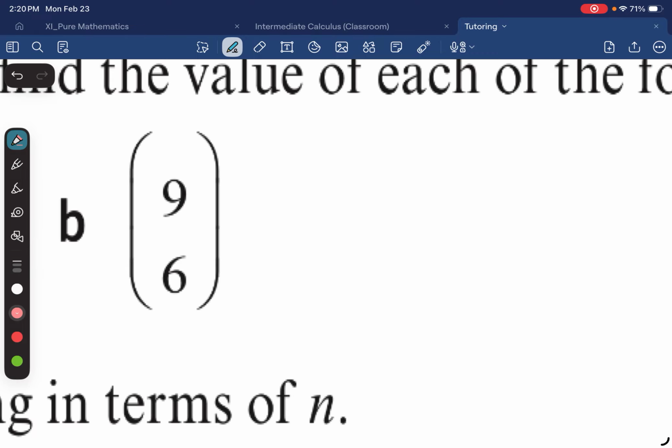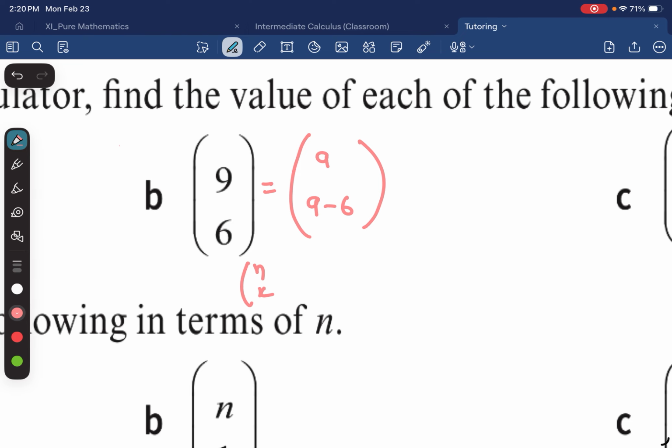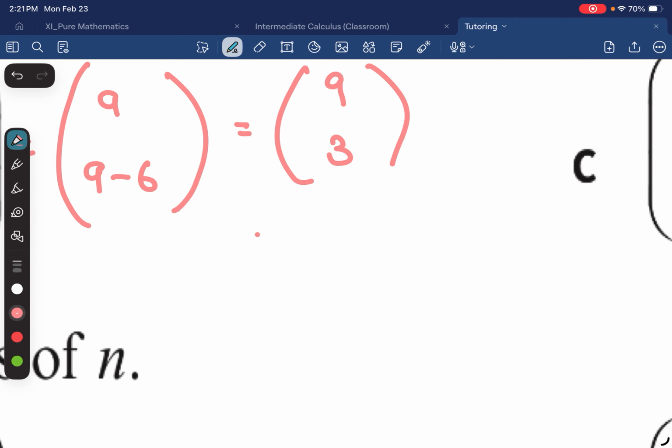So B, I have 9 choose 6. Well, this is a bit harder to compute, but we just said that n choose k is the same as n choose n minus k. So it's the same as 9 choose 9 minus 6. We're going to use this, and this gives me 9 choose 3. And this is easier to compute. So I can say 9 times 8 times 7. I have 3 terms, so I stop, divided by 3 factorial.